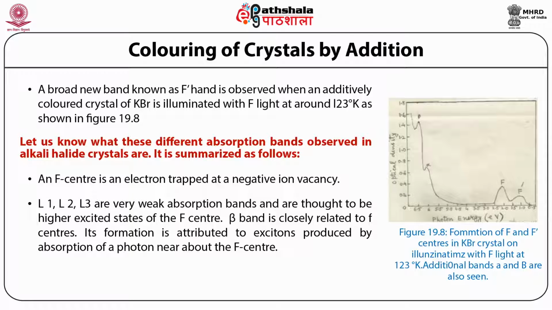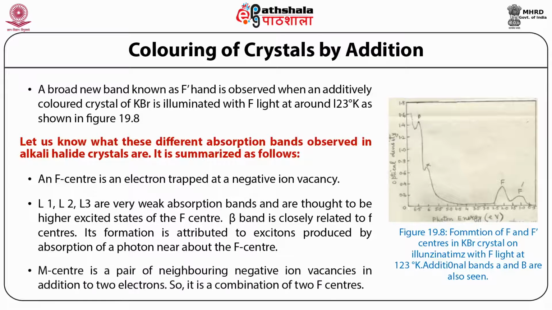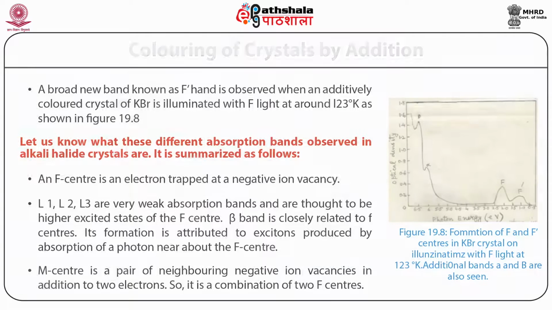Its formation is attributed to excitons produced by absorption of a photon near the F center. Number 3. An M center is a pair of neighboring negative ion vacancies in addition to two electrons. So it is a combination of two F centers.